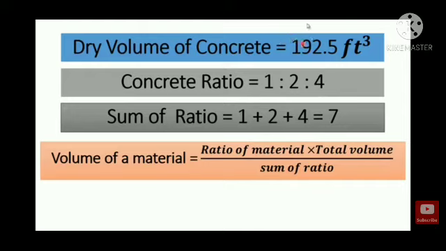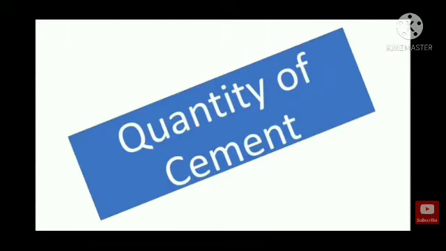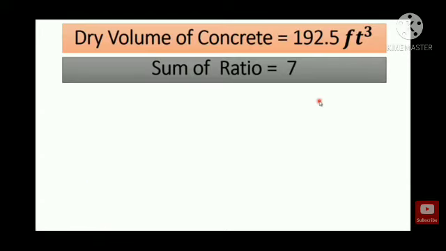Now first we define quantity of cement. Dry volume of concrete equals 192.5 cubic feet. Sum of ratio equals 7.